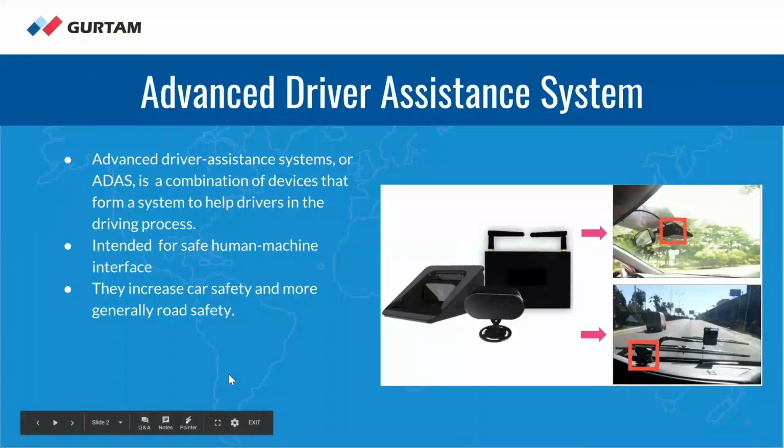So what is ADAS? ADAS is a combination of sensors that aid and improve the safety of drivers and passengers on the road. It enhances the machine-to-human interface by detecting a set of on-road and driver behavior events by offering auditory and visual alerts.